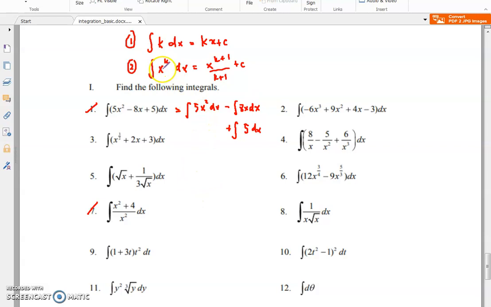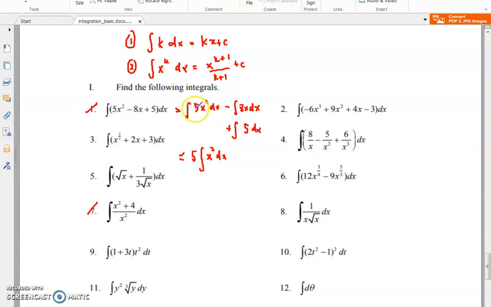Since here you have x to the power of 2, but you have a coefficient in front of it, 5, we are going to bring the value of 5 outside, so you get 5 times the integral of x squared dx.